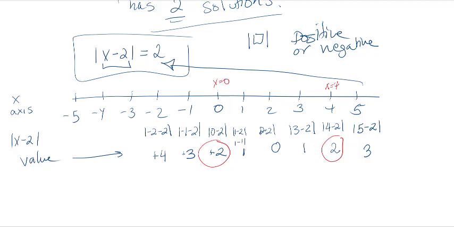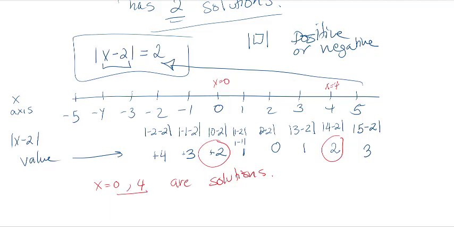And so x equals 0 and x equals 4 are solutions, right? So we did this just by looking at the number line and going from one number to the other and checking and solving. And so we were able to find two numbers that solved this equation, and those were x equals 0 and x equals 4.